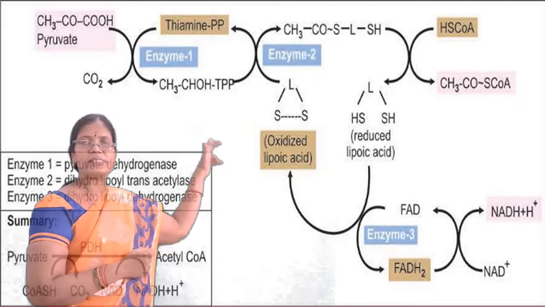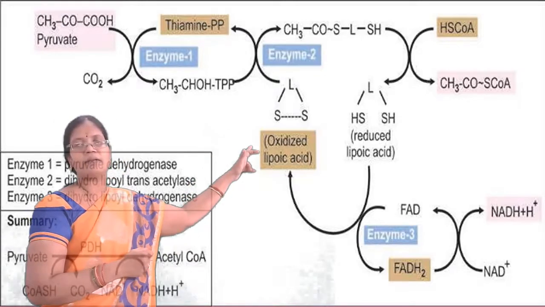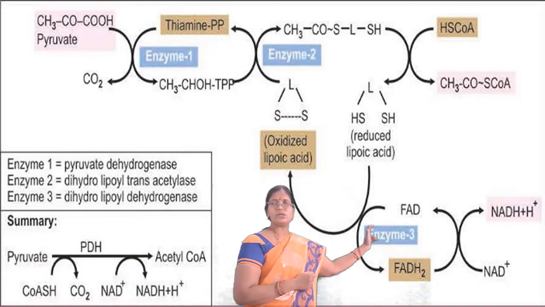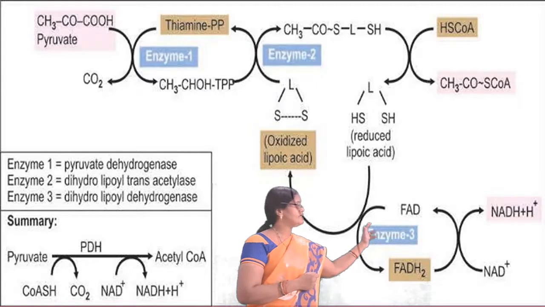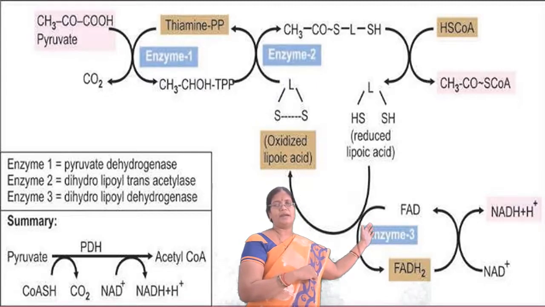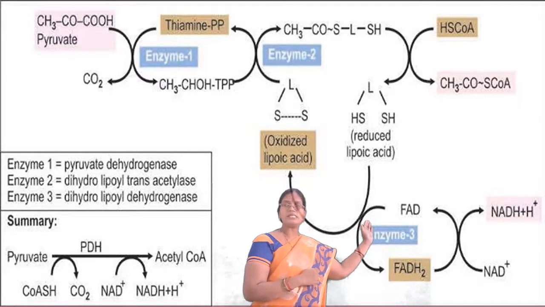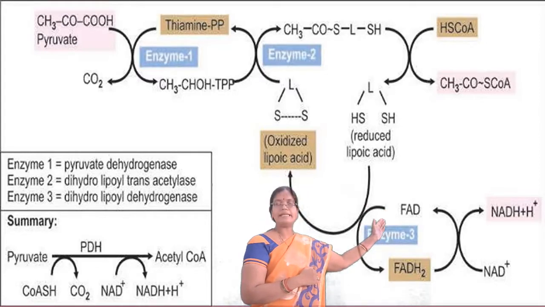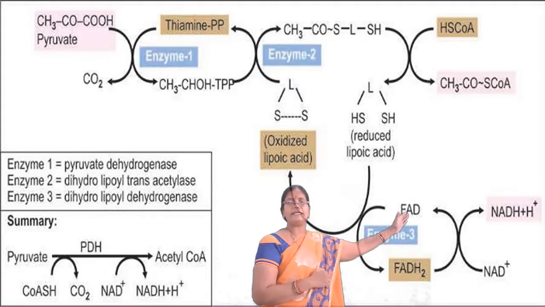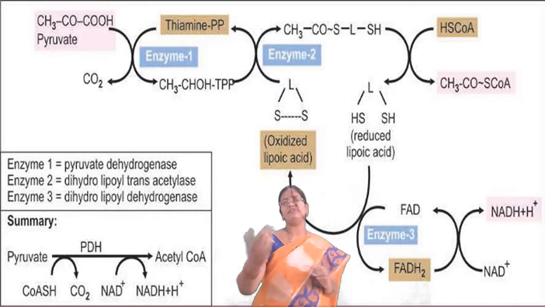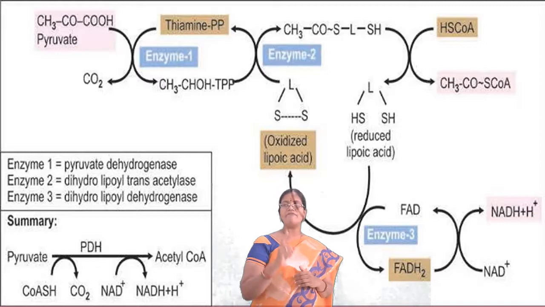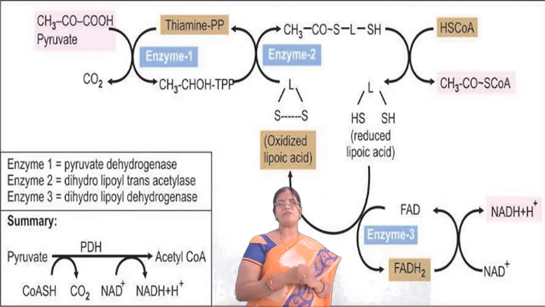That means it will be oxidized by transferring the protons to the FAD. As a result, FAD is reduced to FADH2, and this FADH2 is again regenerated by transferring the reducing equivalents to NAD plus, such that NAD plus is reduced to NADH plus H plus, and these reducing equivalents will move to the oxidative phosphorylation, and for every one NADH, 3 ATP will be generated.